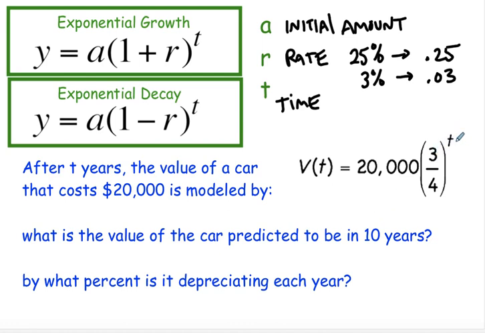So T is time, so all we have to do is plug a 10 in for T. So if you get your calculator out and you type it in, 20,000 times 3/4, gotta be in parentheses, just the 3/4 part in parentheses, to the 10th power, I'm getting $1,126.27.